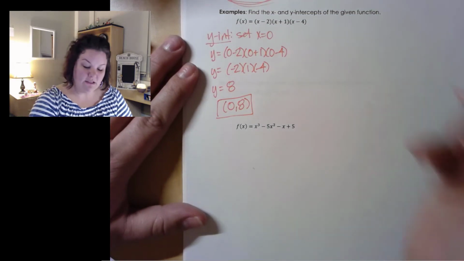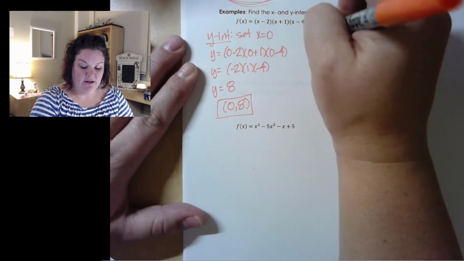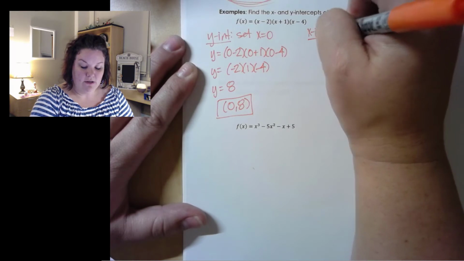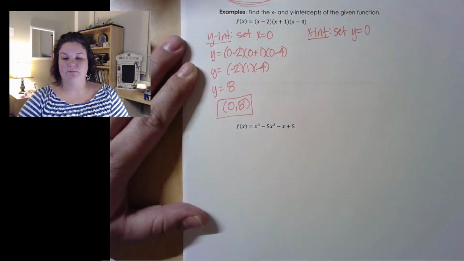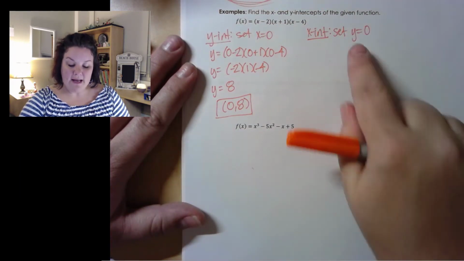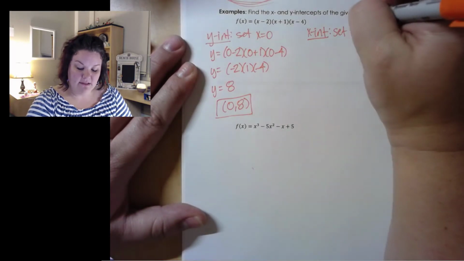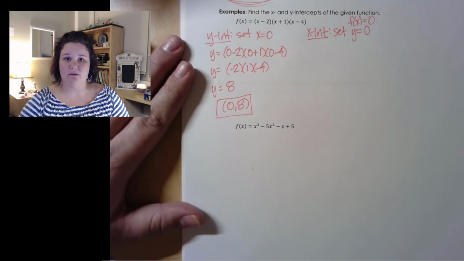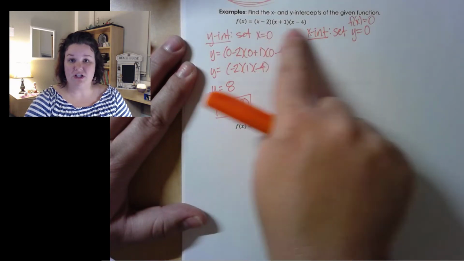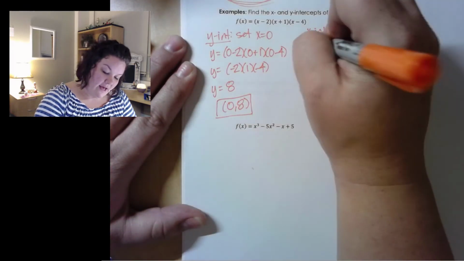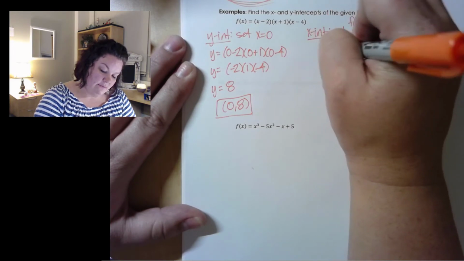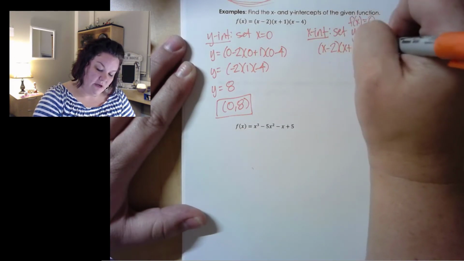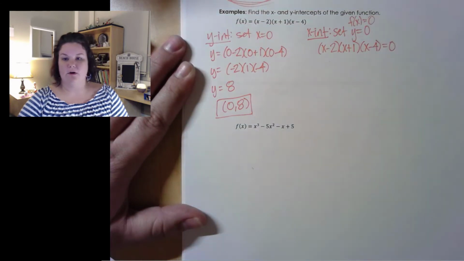Okay, so now let's look at our x-intercept. To find our x-intercept, now we're going to set y equal to 0. Again, remember this is just f of x, so basically we're setting f of x equal to 0, which means we're setting this whole function equal to 0. So we have x minus 2 times x plus 1 times x minus 4 equal to 0.